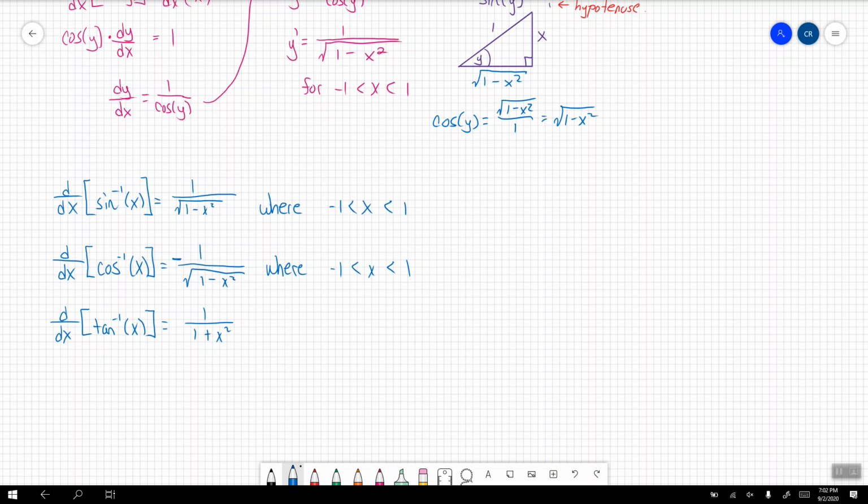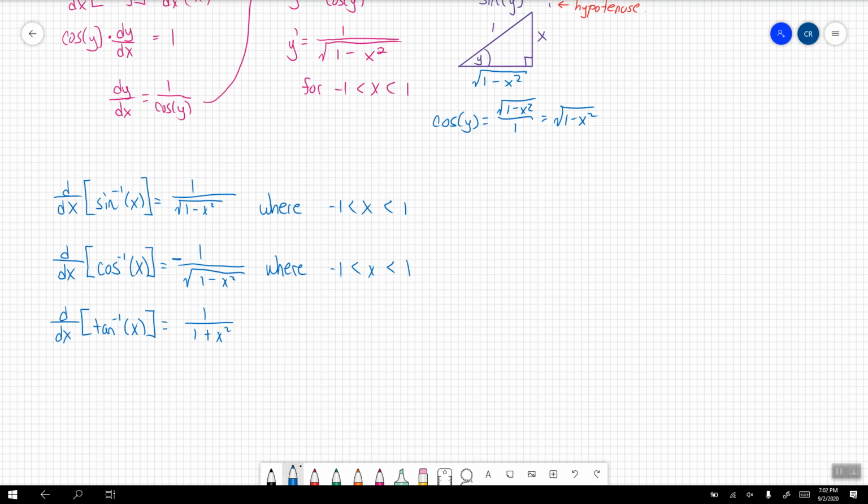They're not only common derivatives, but we also get to see these as integrals as well, as you saw a little while ago. Now, what about the reciprocal functions? So when we're looking at the derivative for cosecant, or the derivative for secant, or the derivative for cotangent, well, we still have to talk about those specific functions as well, and that's what we're going to go ahead and do at this time.